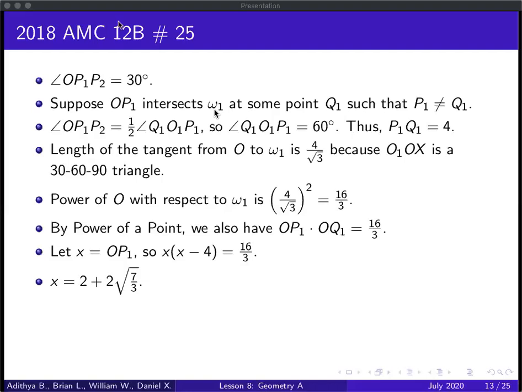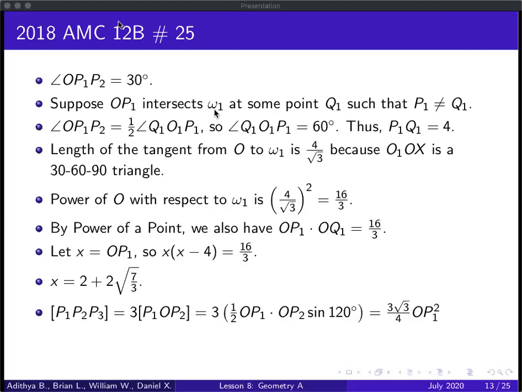We could find the side length of the triangle, which is actually just going to be x times root 3, or we can look at it a different way and separate the area of P1P2P3 into 3 times the area of P1OP2, because P1OP2, P2OP3, and P3OP1 all have the same area.